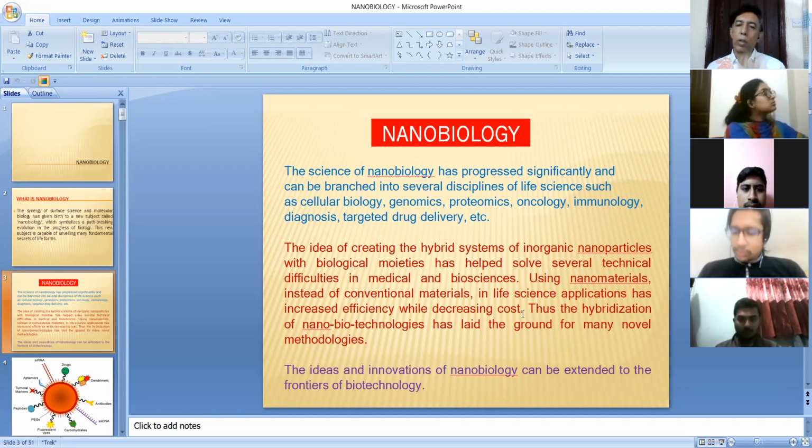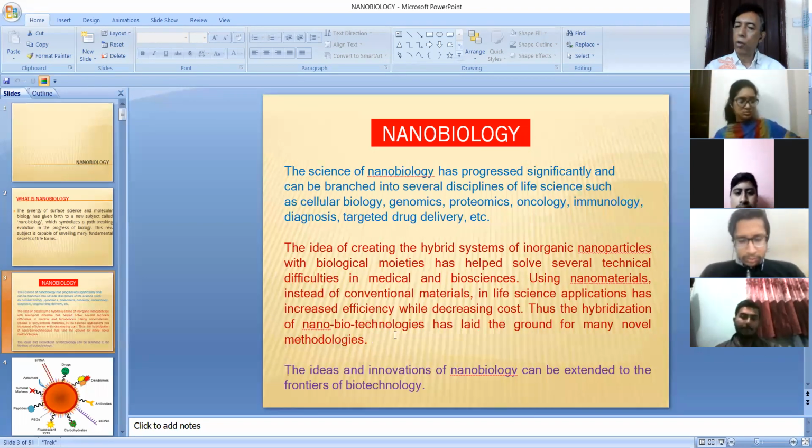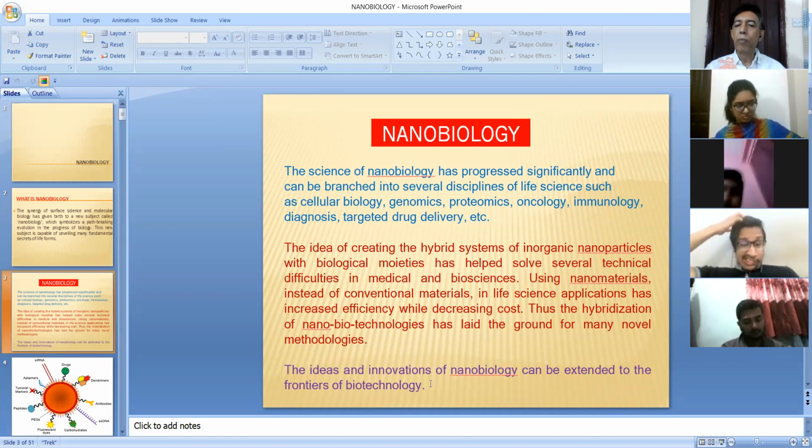Thus, the hybridization of nanobiotechnology has laid the ground for many novel methodologies. The ideas and innovations of nanobiology can be extended to the frontiers of biotechnology.